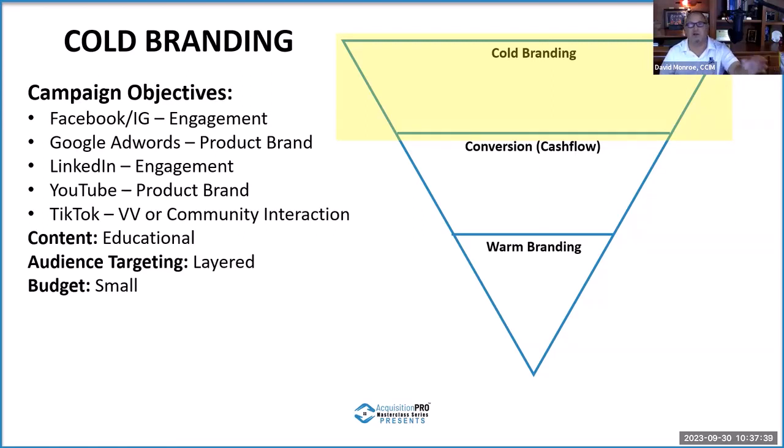So our budget here can be very, very small. Placements, here is the news feeds. So whichever ad network it is, so that would be the search network for Google, although you could also use their content network as well as the search network. And of course, LinkedIn's going to be news feed.